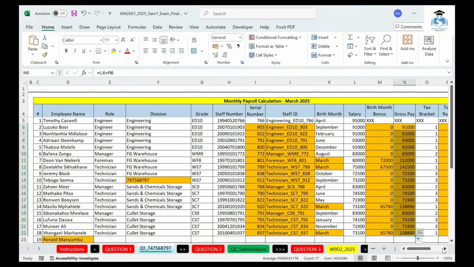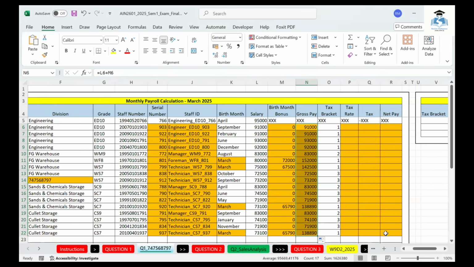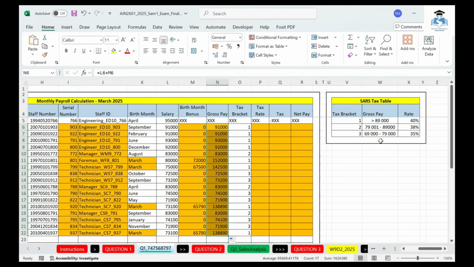So, where is V? Here. So how do we find that one? We're going to use the VLOOKUP formula.